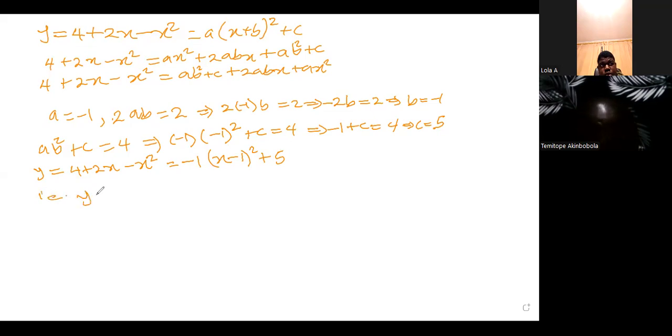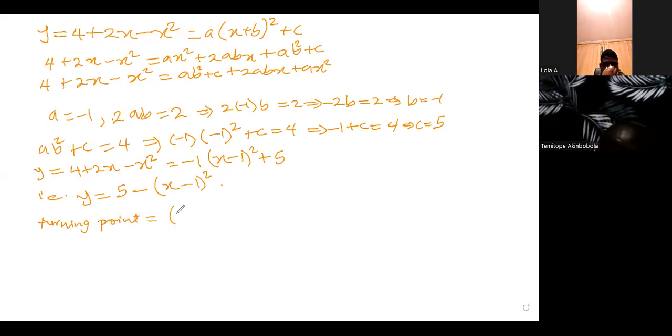I want you to follow this order: y = 5 - (x - 1)². So I have expressed 4 + 2x - x² in completed form. From this, I can get the turning point, which is (1, 5).